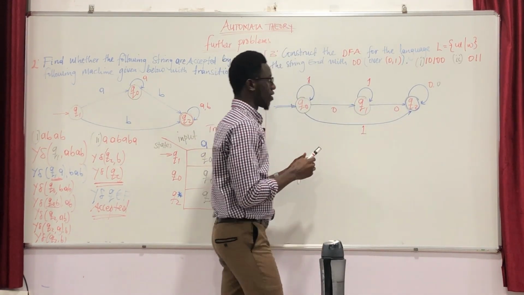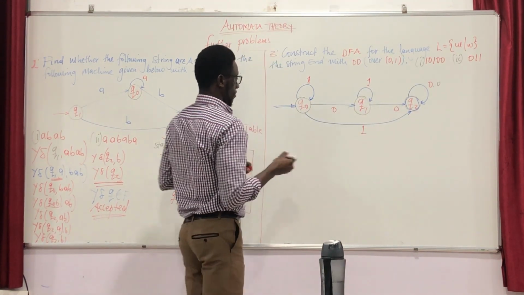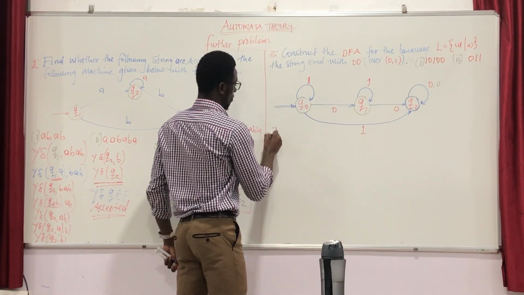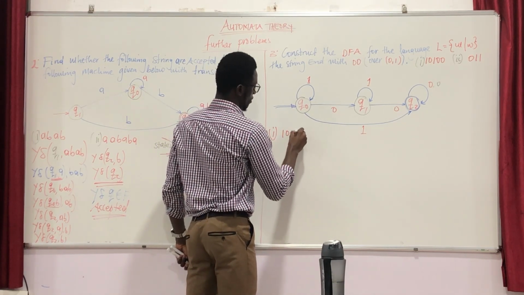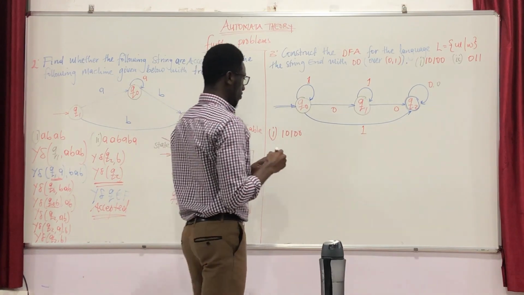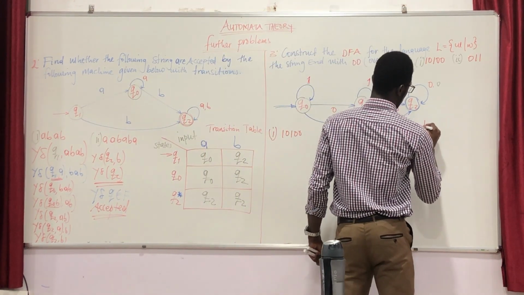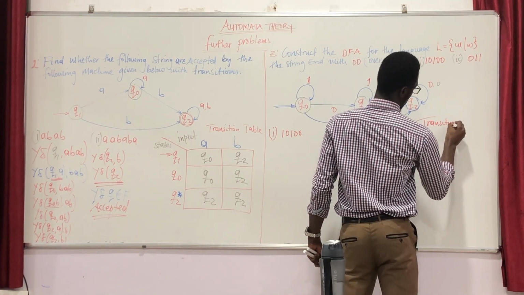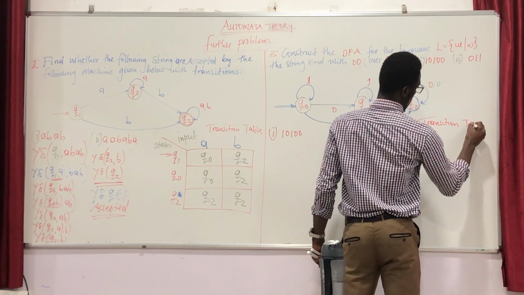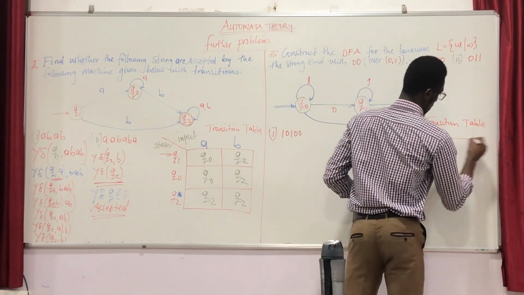So now let's solve the first one, number 1, which is 1, 0, 1, 0, 0. And we can do our transition table here.